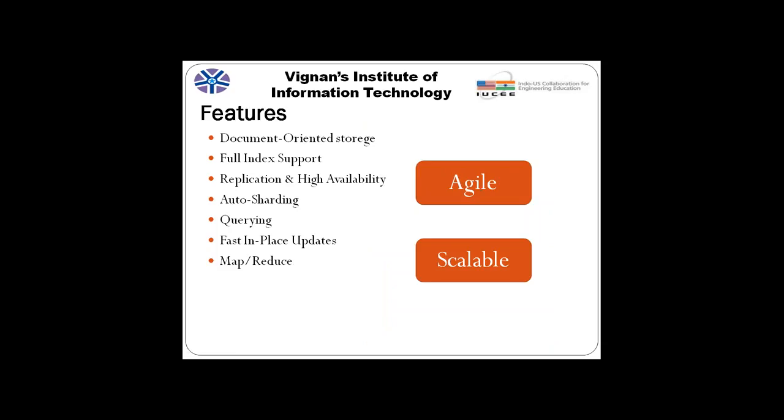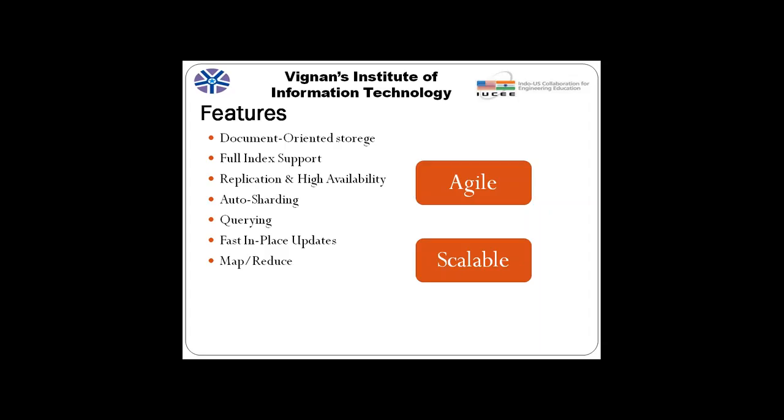And the most important are the features. Already we have discussed the features. It is document-oriented storage, full index support, replication and high availability, auto sharding, that is called a partition.